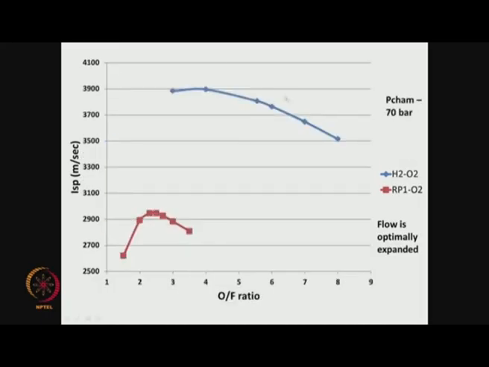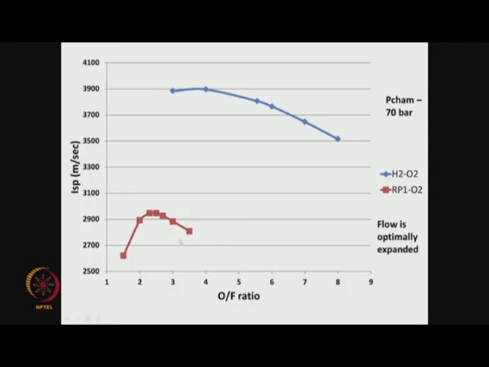And if you look at the sizing of the overall system, it depends on the O by F at which it is operated. If you see here, hydrogen and oxygen systems are shown. This is with different oxidizer to fuel ratio and ISP on the y axis.